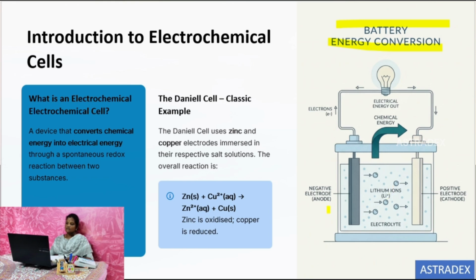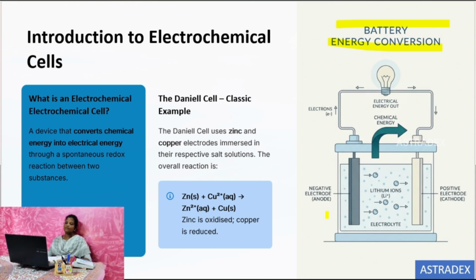This is a symbolic representation where you can see how the flow of electrons takes place and drives the chemical reaction and the passage of electricity from one electrode to the other. But we are going to detail the Daniell cell in today's class.